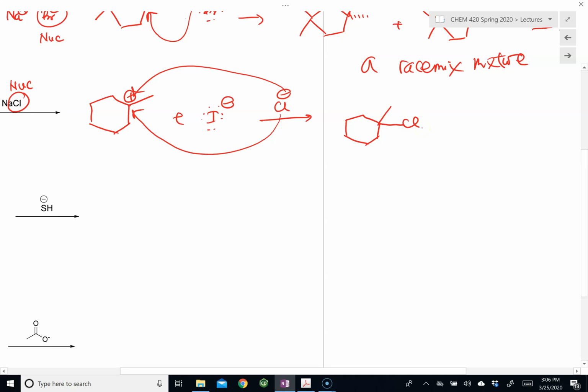In this case, we can also draw this product this way and now say the word racemic. When we draw this product without specifying the chiral center and include the word racemic, we are implying both of these products can get formed. This is another way of doing it rather than using the wiggle line.